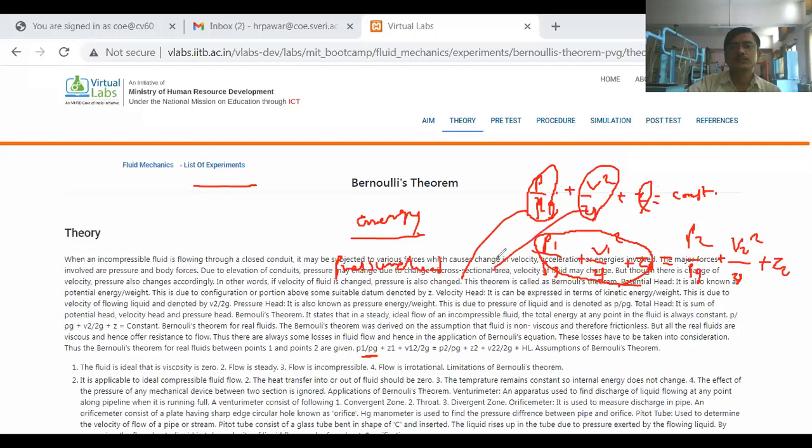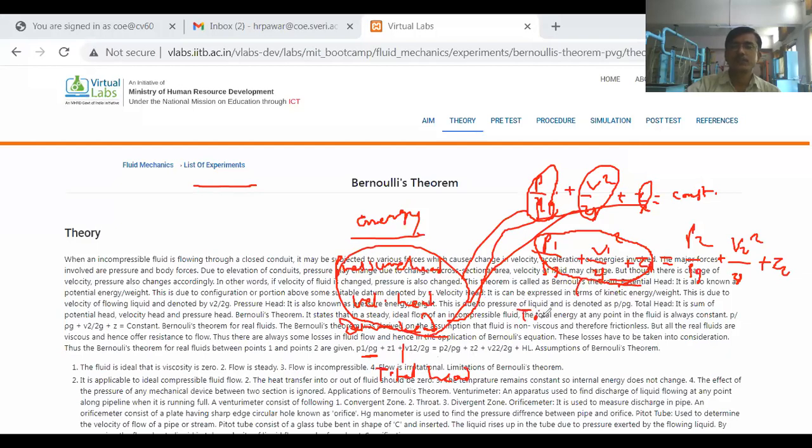Then this one, velocity head, and this one, datum head. Right. And collectively we call it the total head.